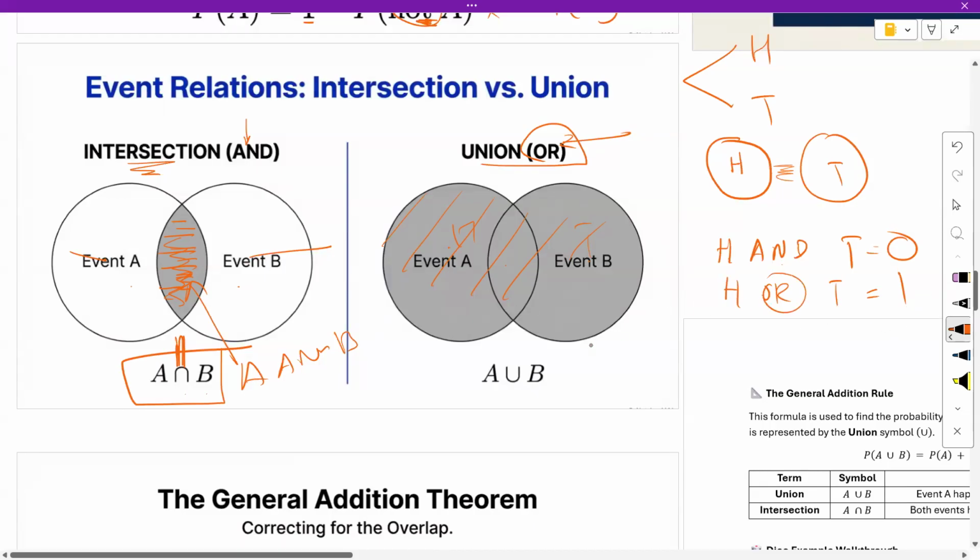OR is union. What is the probability of head? 1/2. What's the probability of tail? 1/2.